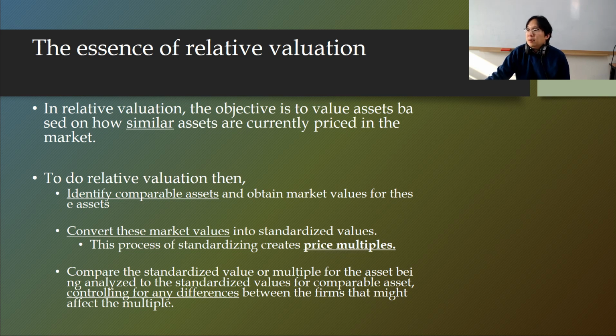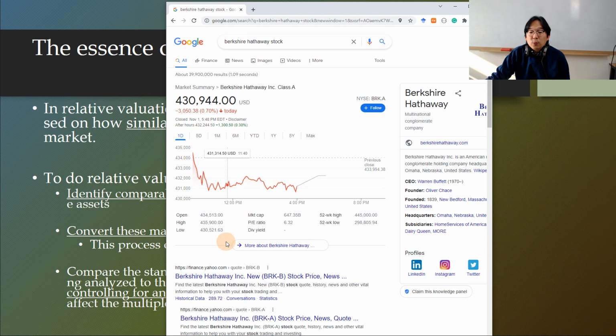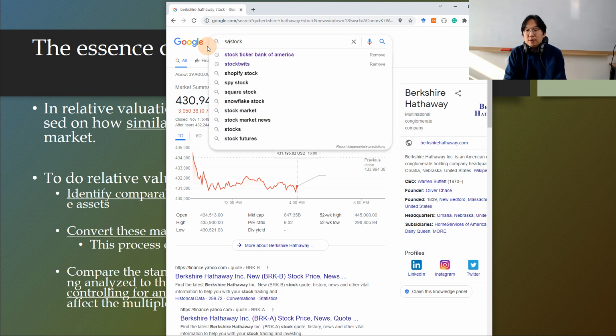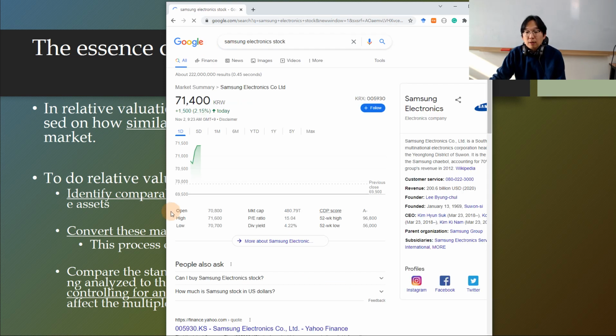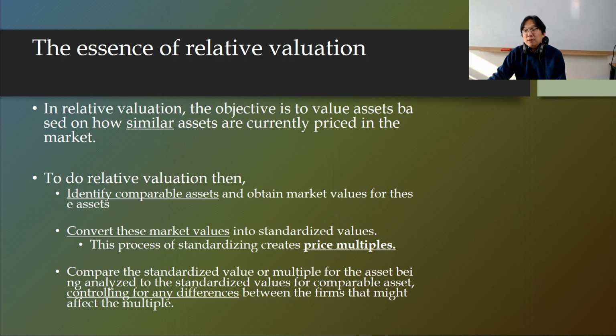Yeah. But having said that, Berkshire Hathaway's PE ratio over here is only 6 times. Okay, 6 times. Samsung Electronics, PE ratio 15 times. So you see immediately, right? For a given dollar of net income, 2 different companies are evaluated differently.